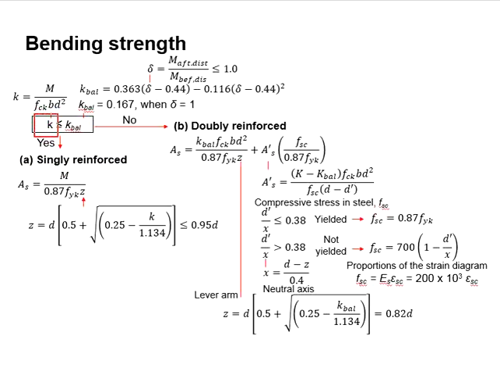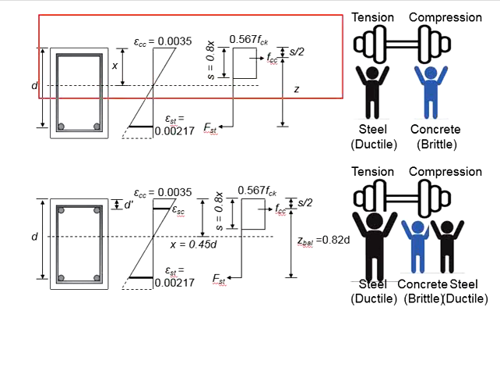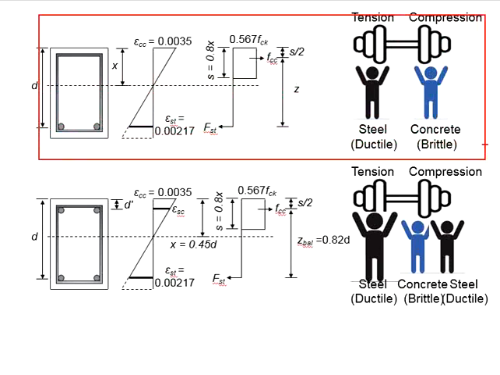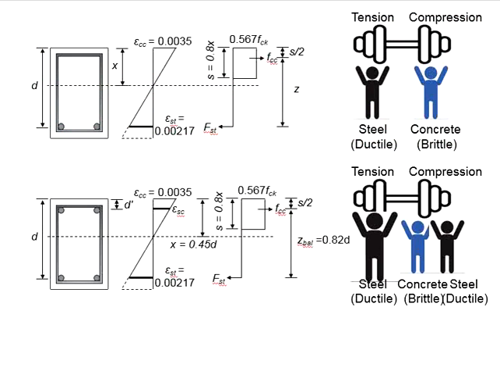Since the K is always less than the K balance, that means the x will always be less than 0.45d. Under such circumstances, the sections will always be under reinforced. You will expect the steel to yield before the crushing of the concrete.